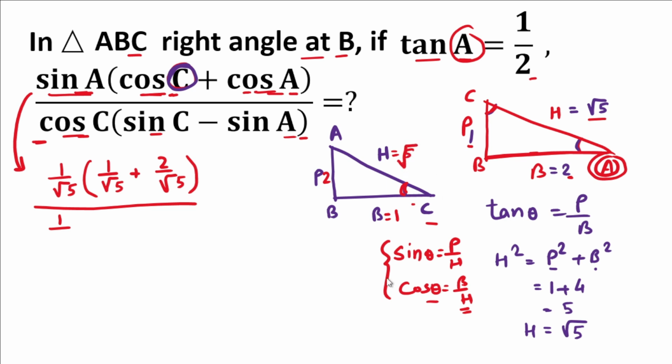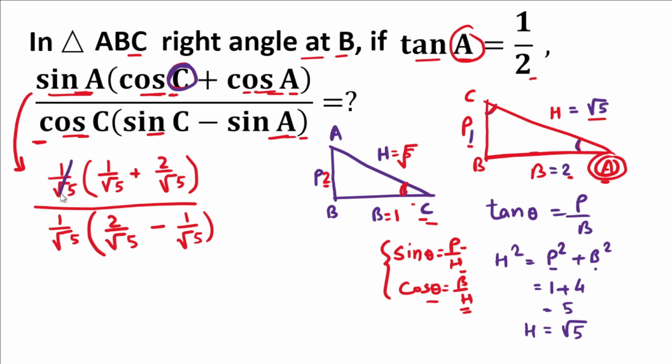In the bracket, the next term is sin C. For angle C, sin is perpendicular divided by hypotenuse, and the perpendicular is 2, so 2 over square root 5, minus sin A. For angle A, sin theta is perpendicular divided by hypotenuse, so 1 over square root 5. Bracket closed. Now we'll simplify this.